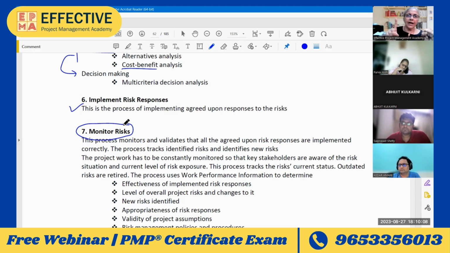How was the risk identified? How was the response identified? What was the response? Was it good enough? Did you implement the response properly? What happened? What could you have done better? So that is the risk audit, which is done in case a risk needs to be retired. That's a part of monitoring risk.